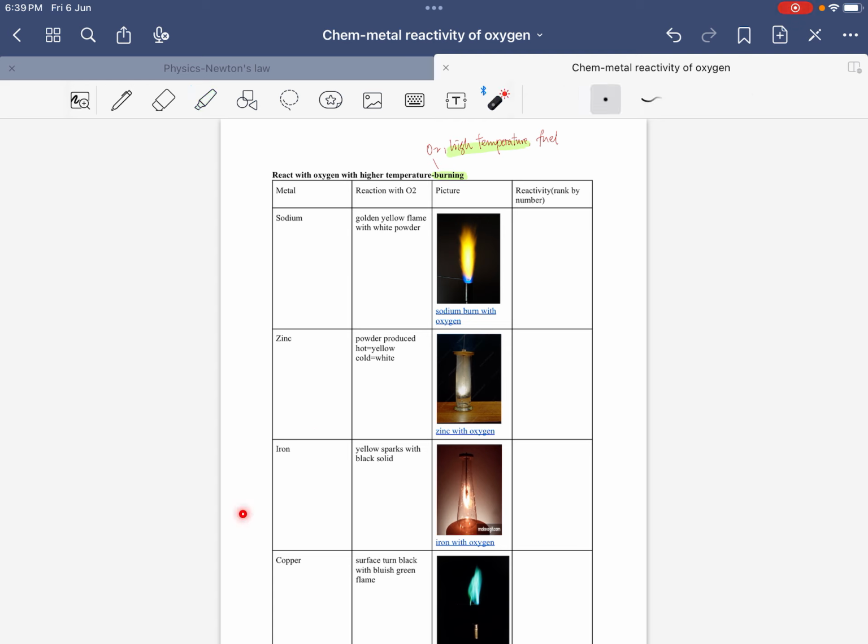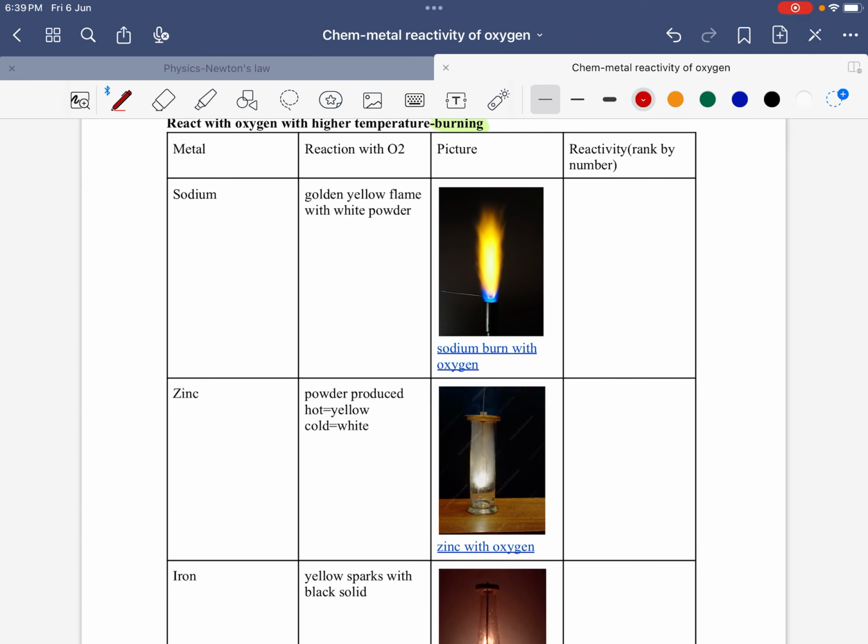So can you write the equation when the 4 metals react with oxygen? Just write it beneath here. Remember that the equation should be in balanced form, okay?